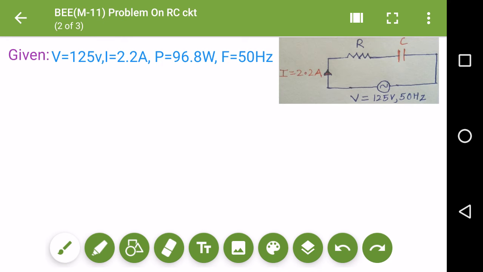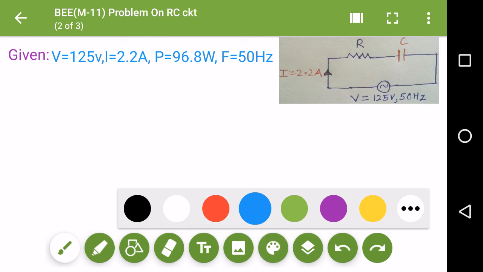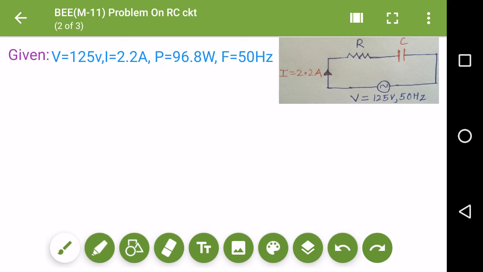This is your circuit diagram: current is given, voltage is given, power loss and frequency are given, and I need to find R. The first thing I can easily find is R from the power loss equation. What is the formula for power in an AC circuit?